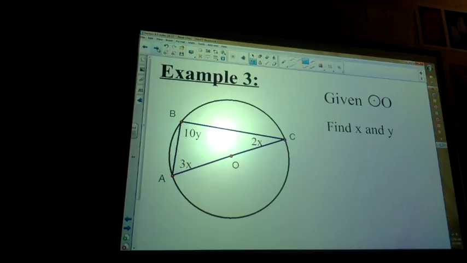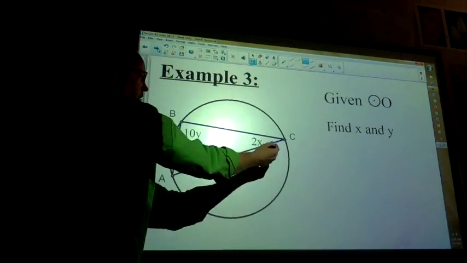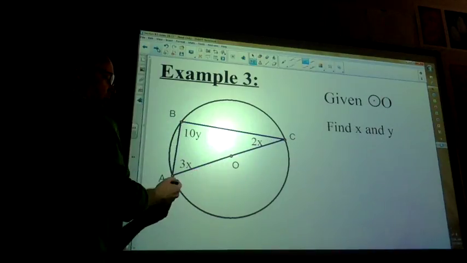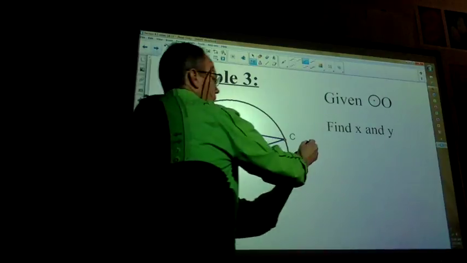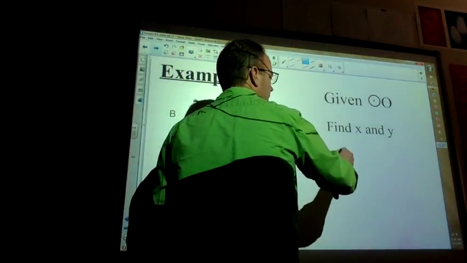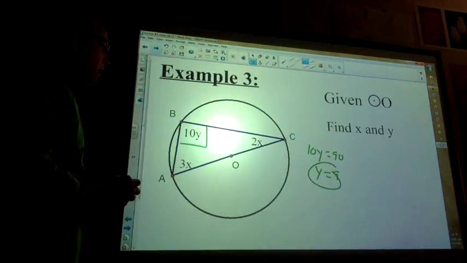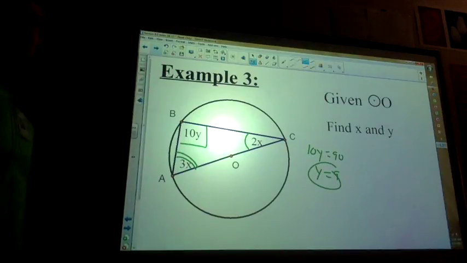All right. Find x and y. We have circle O. So this is a right triangle. Do you agree? Why do I know it's a right triangle? That's the diameter, so that's a 90-degree angle. So 10y equals 90. So y equals 9. And then these two angles need to add up to what then? 90.